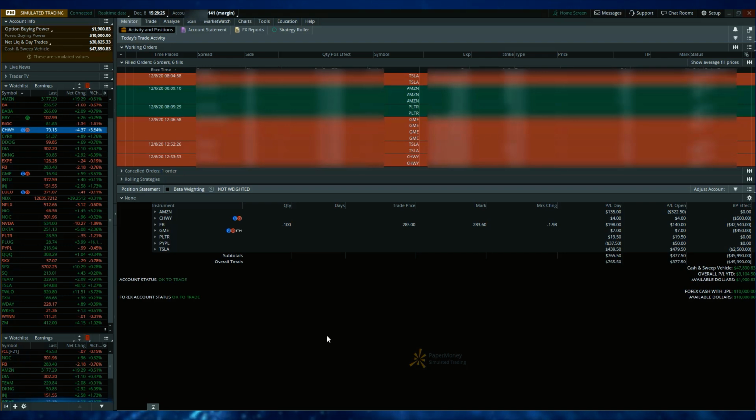And you can see that we opened up quite a few trades. Typically, John likes to trade early, right after the market opens, and then late, just as the market is closing.